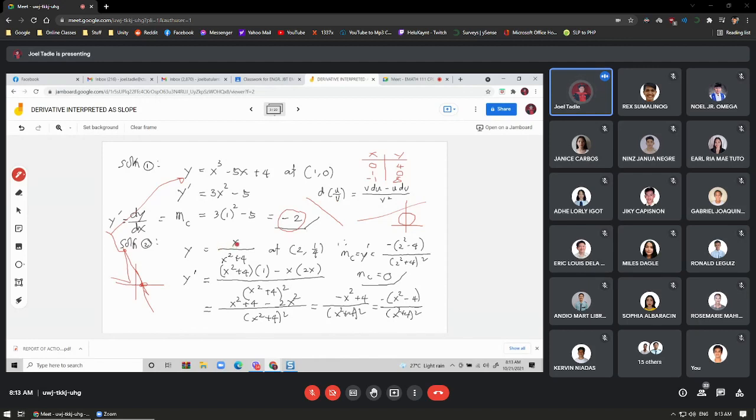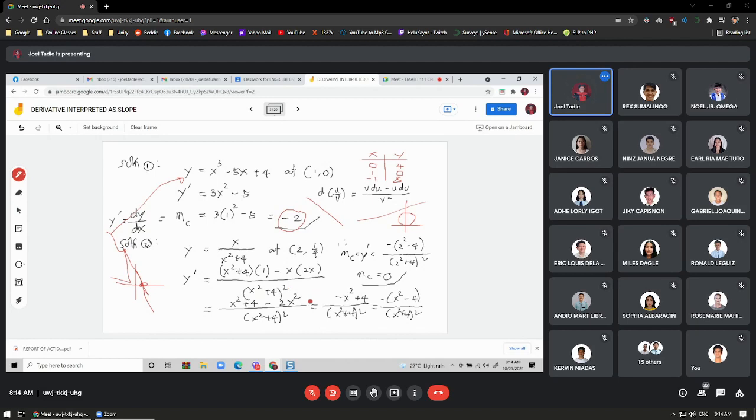So ang derivative sa x is 1. Then minus the numerator x multiplied by the derivative of the denominator. Derivative of x squared plus 4 is 2x. Then divided by the square of the denominator. So we have quantity x squared plus 4 squared.